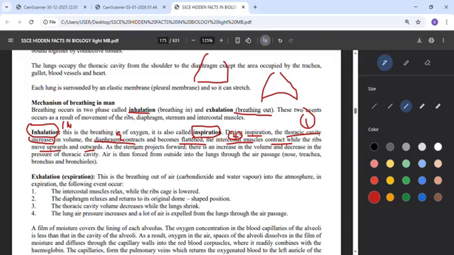Then as the sternum projects forward, there is an increase in the volume and a decrease in the pressure of the thoracic cavity.